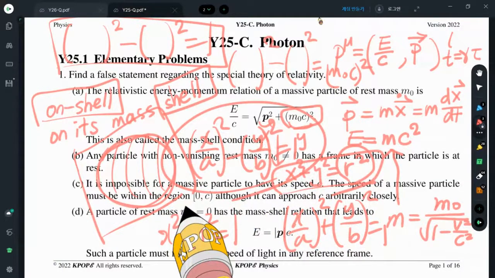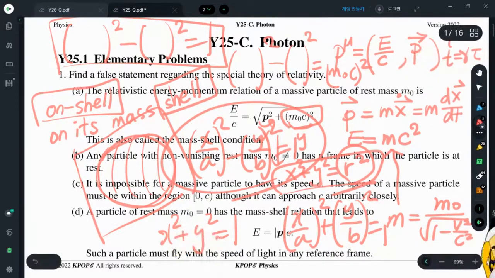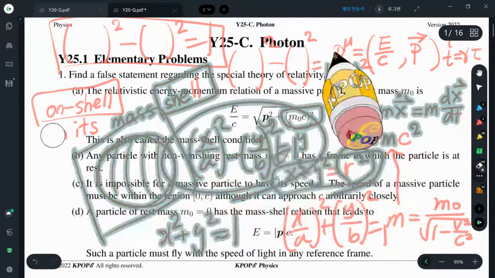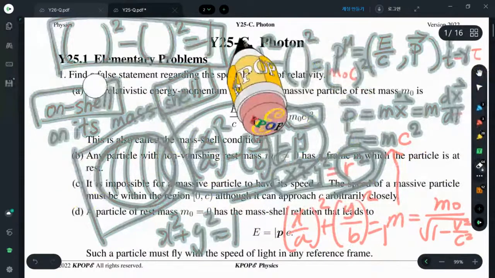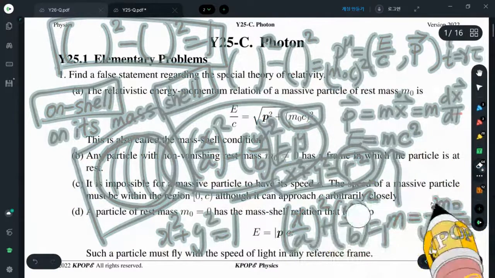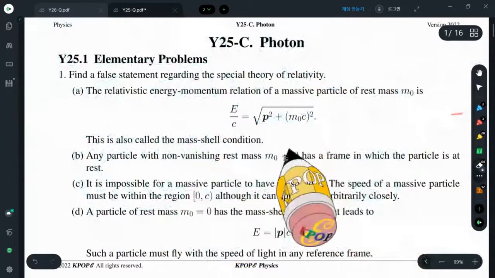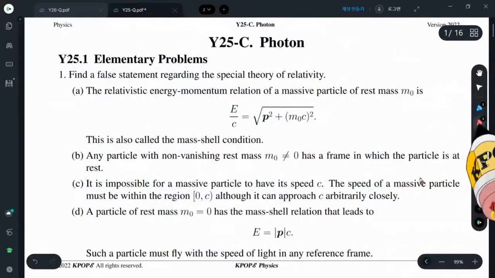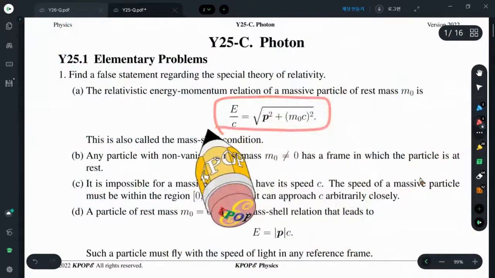So Minkowski space is a hyperbolic space. Anyway, it looks like a trick, but now we learn explicit experimental evidence of this strange formula.